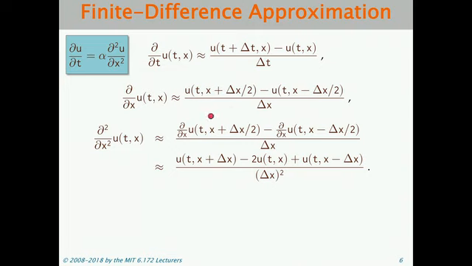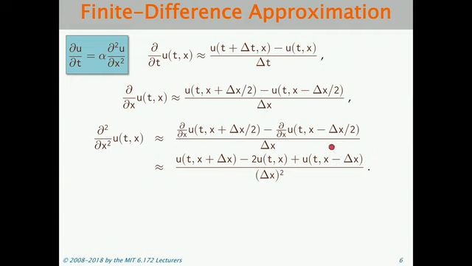So for the first term, I'm just going to get u_t of x plus delta x minus u_t x. And then for the second term, I'm going to get u_t of x minus delta x, and then I subtract another factor of u_t x. So that's why I'm subtracting 2 times u_t x in the numerator here.